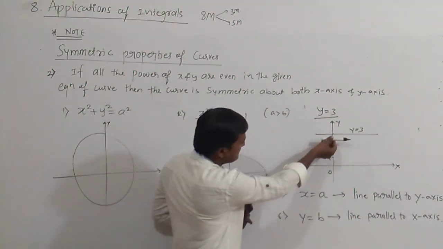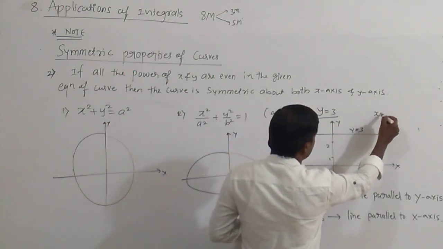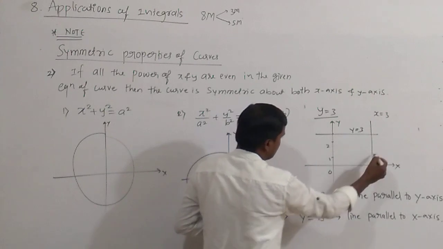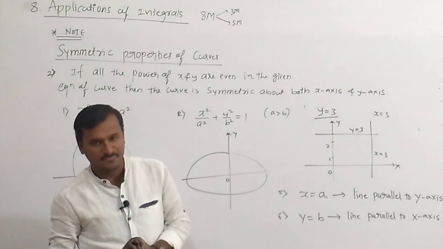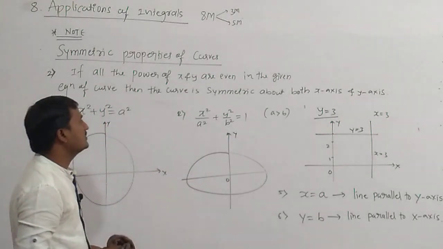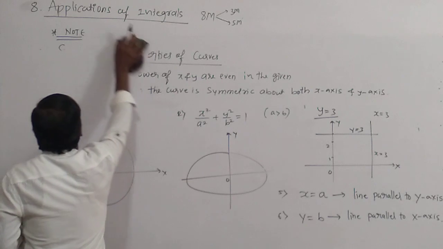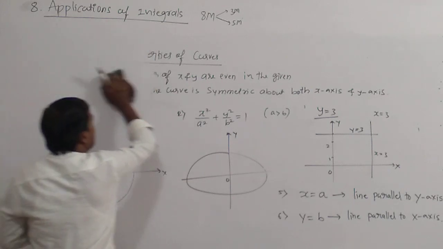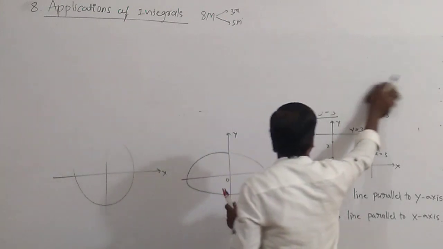So y equal to 3 means it is a line parallel to the x axis. If x equal to 3, then it is a line parallel to the y axis. So you should remember these points. If you remember all these points, then we will solve the exercise problems very easily. So these are key points.